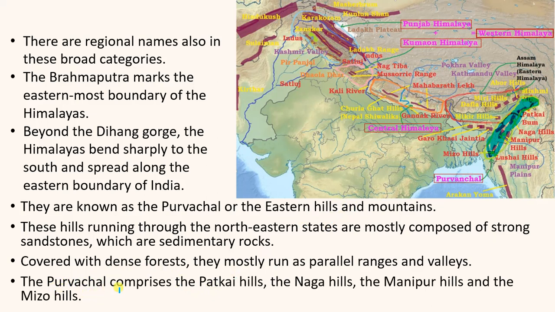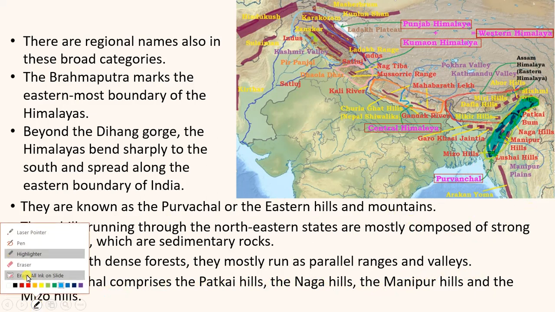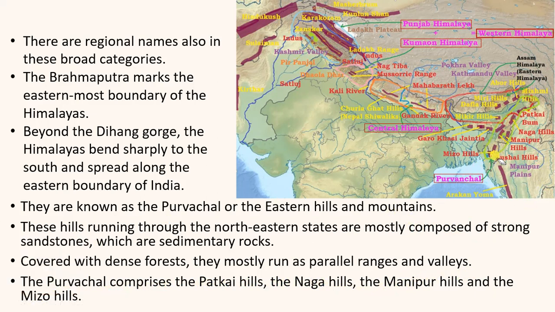The Purvanchal comprise the Patkai Hills, Naga Hills, Manipur Hills and the Mizo Hills. For a clear view, these can be seen in these different regions. Then Garo, Khasi and Jaintia hills also can be seen here.